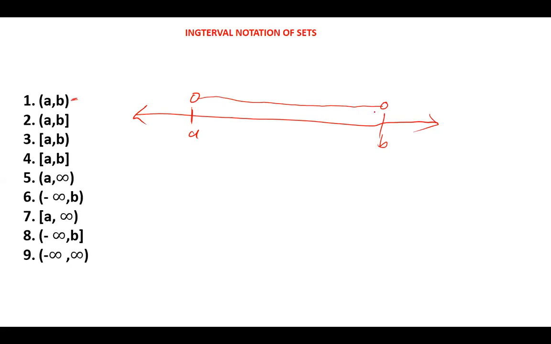For the second one, it's closed at B, meaning you just shade at B. It's closed. It's as simple as that.